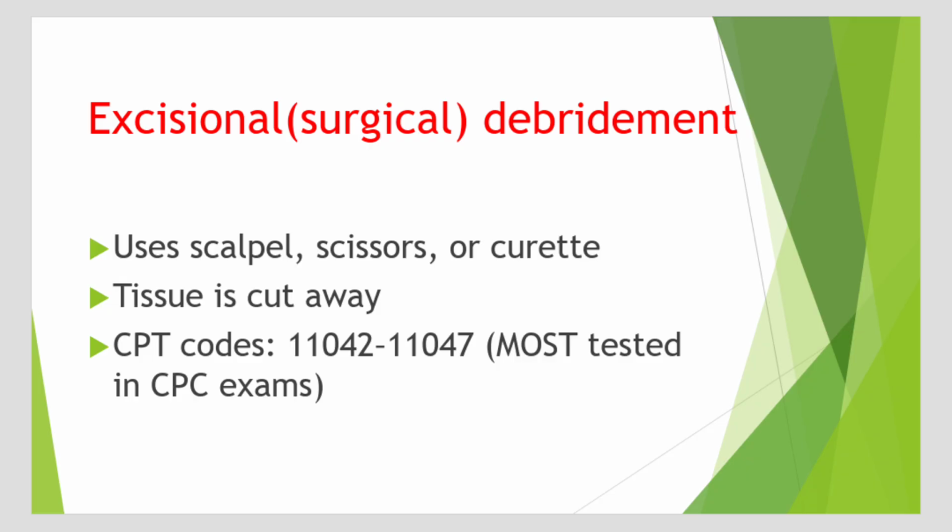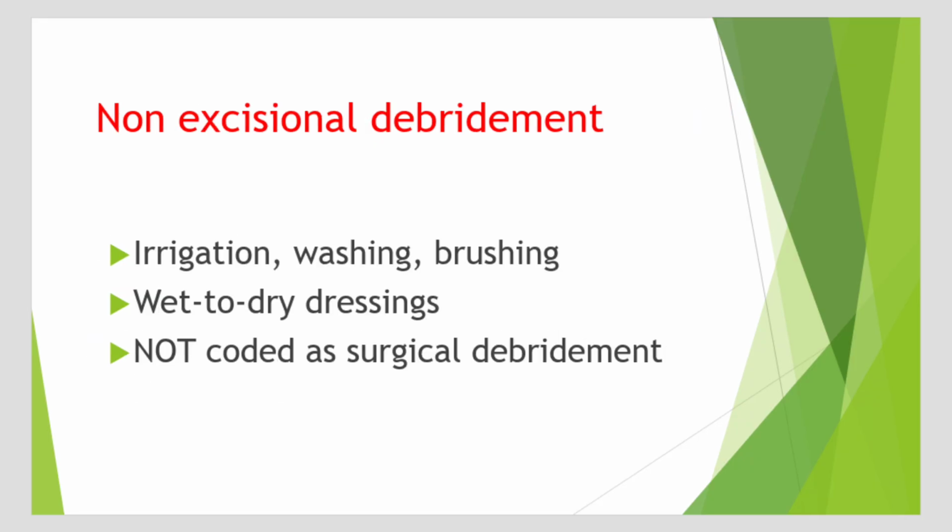If you see the terms like scalpel, scissors, curette or tissue is cut away, it means it is excisional debridement. Non-excisional debridement means you could see the terms like irrigation, washing, brushing or dressing. These are not coded as surgical debridement.